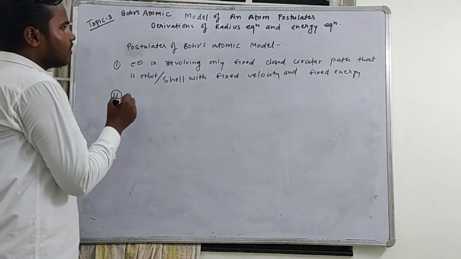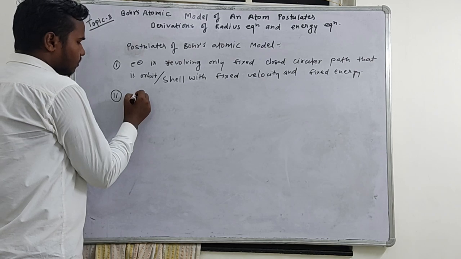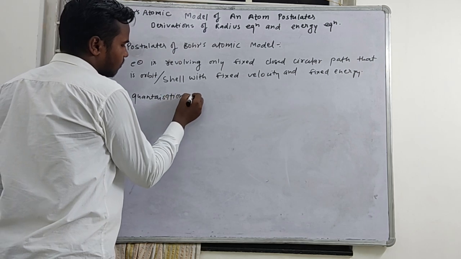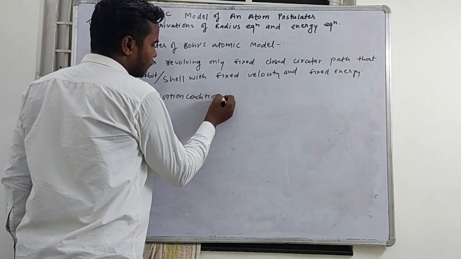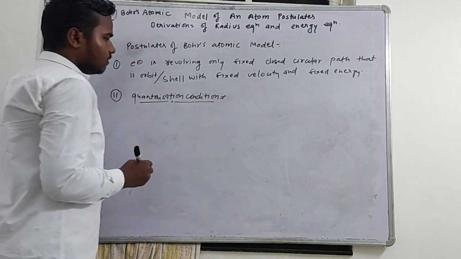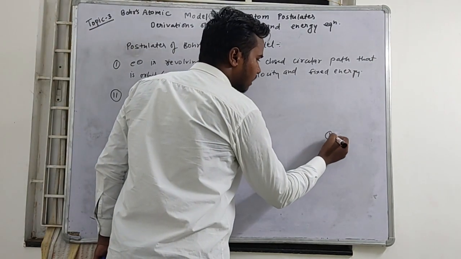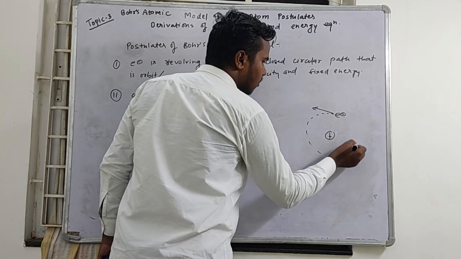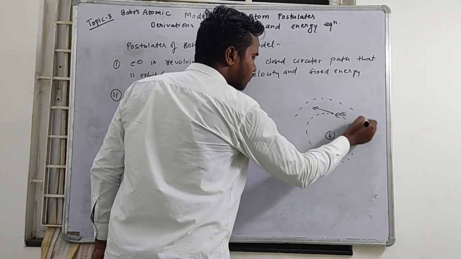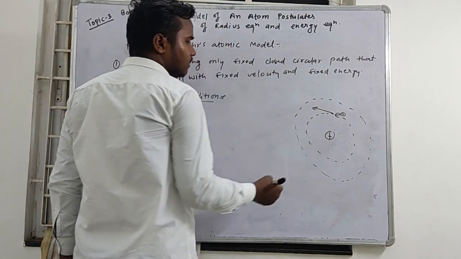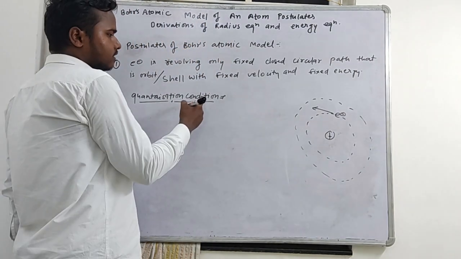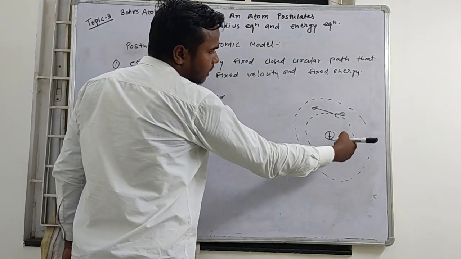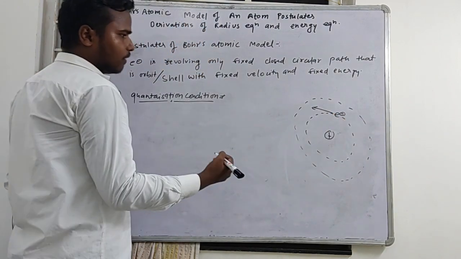The second postulate of Bohr's atomic model is the quantization condition. Quantization condition means, if this is the nucleus and this is an electron, and this is the orbit of that electron, the quantization condition says that the electron is revolving only in those orbits whose angular momentum is an integral multiple of h upon 2 pi.